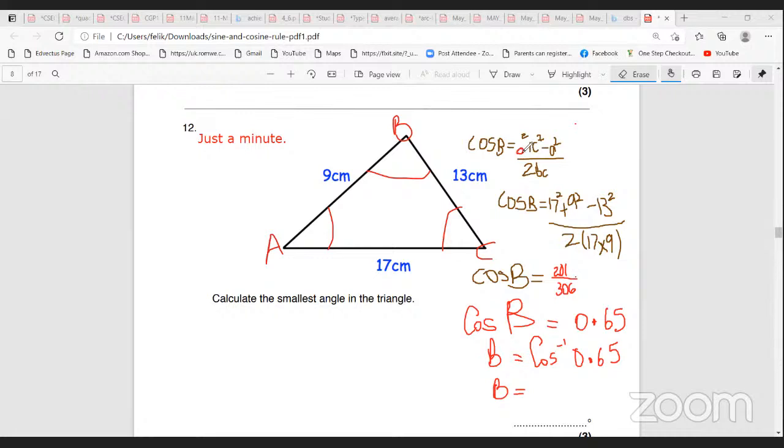So remember last night I was telling you that the angle must match. So it should be a square plus c square, and then minus b square. The bottom part, change the b to a. Yes, it should be AC.